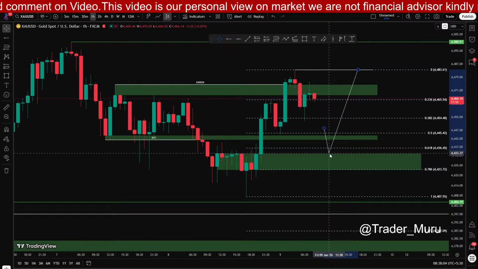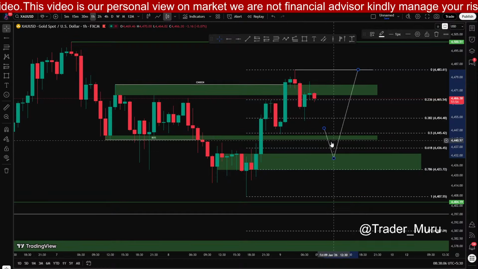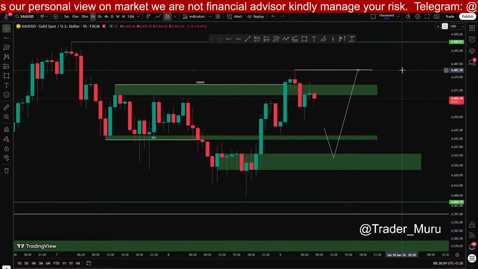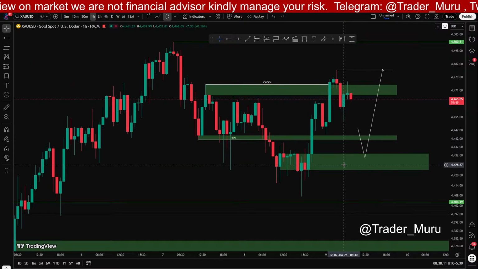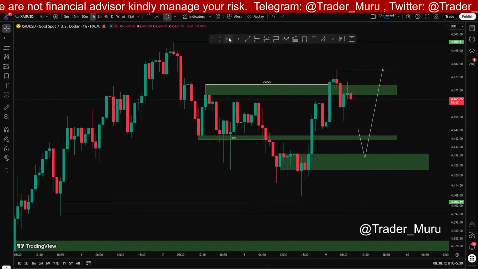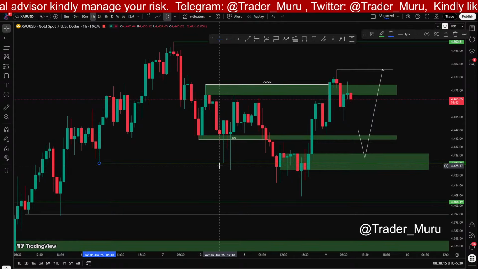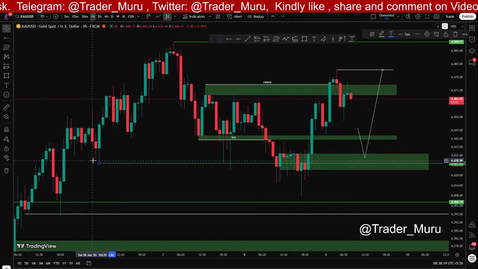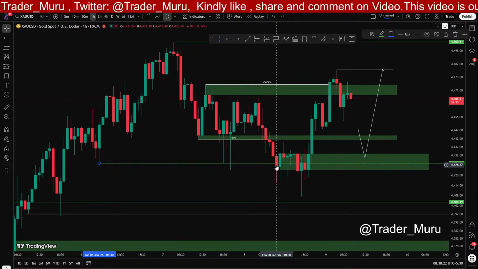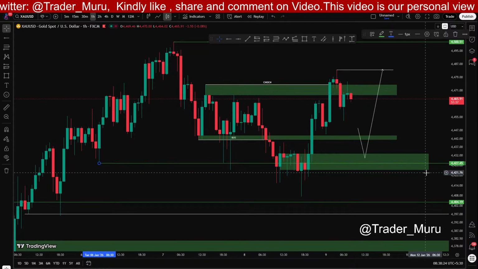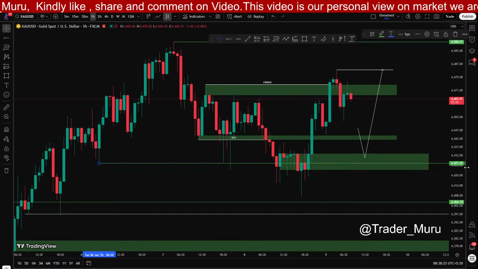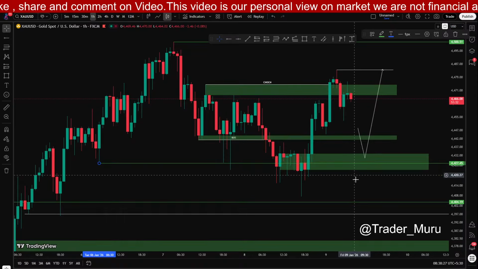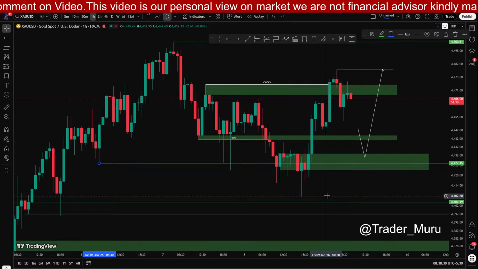Then price is likely to wick to this area and again pump, and if you want to buy from this area, then the better place will be this sweep zone. We have multiple tests and a good reaction from this line. See this? So this price is around 4427, and your stop loss will be below this low.